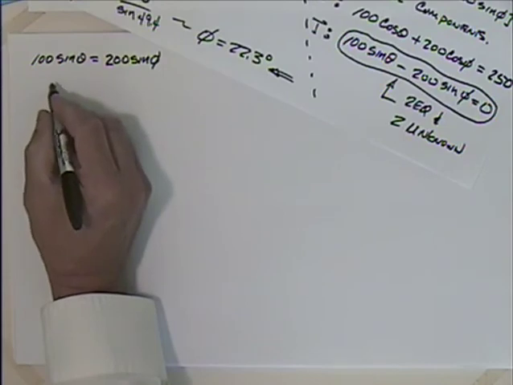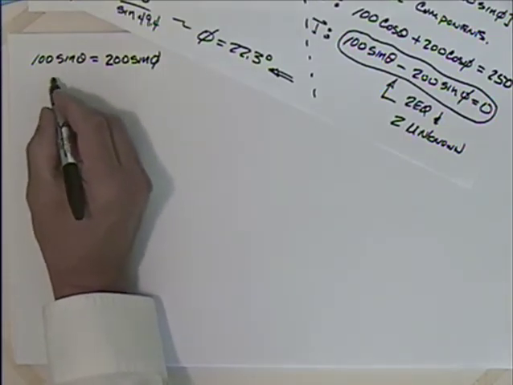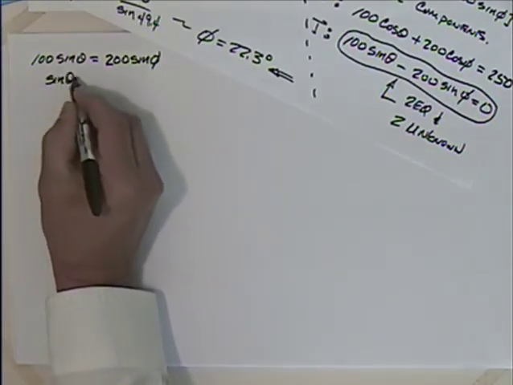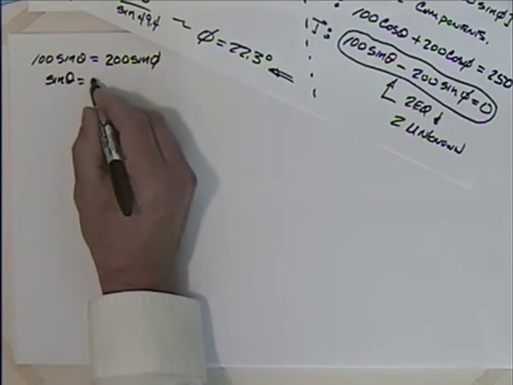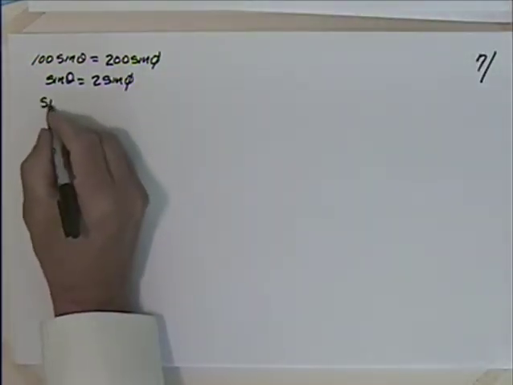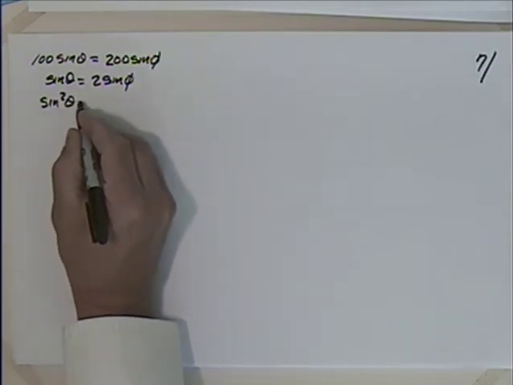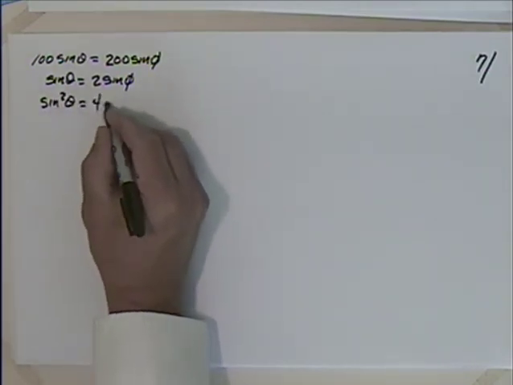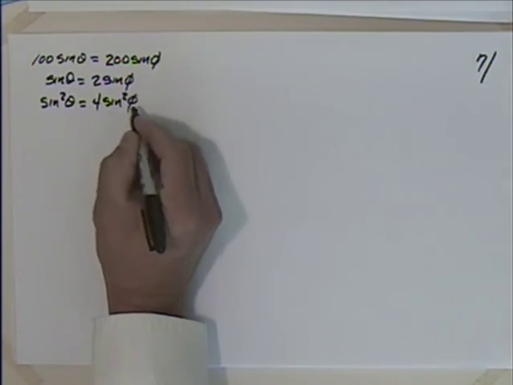So if I divide both sides by 100, I have sine theta is equal to 2 sine phi. Now if I square both sides, sine squared theta is equal to 4 sine squared phi.